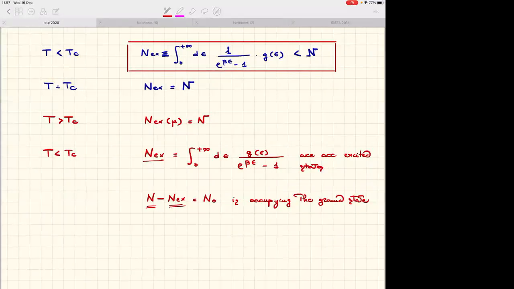But what is so special about this N naught for temperatures smaller than Tc?